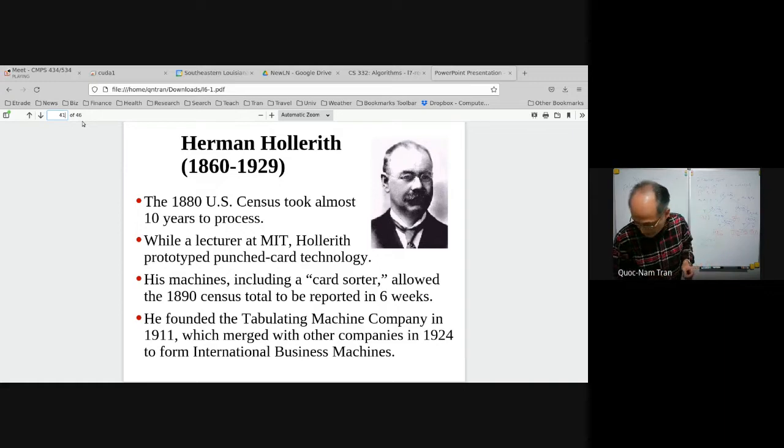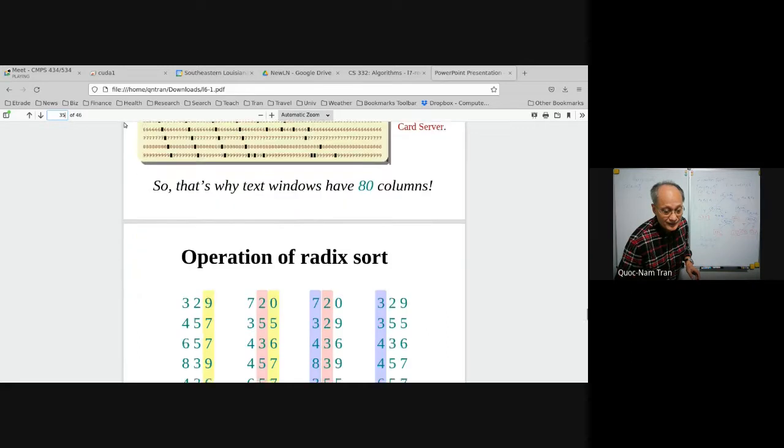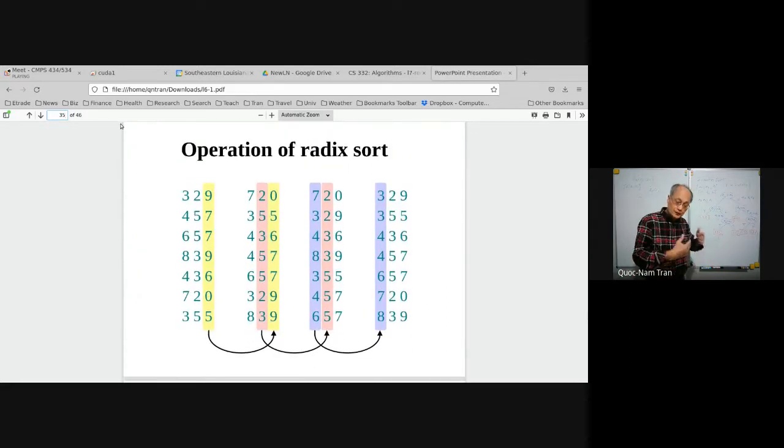So now going back to the radix sort, I will simply copy the list we have here, and we'll go through it step by step to see how it works. Let me copy it first, and then I will stop sharing the document so we can pay attention to the whiteboard.